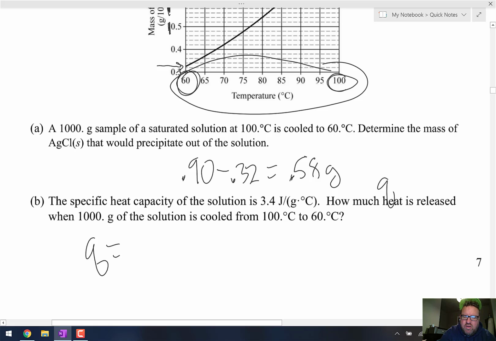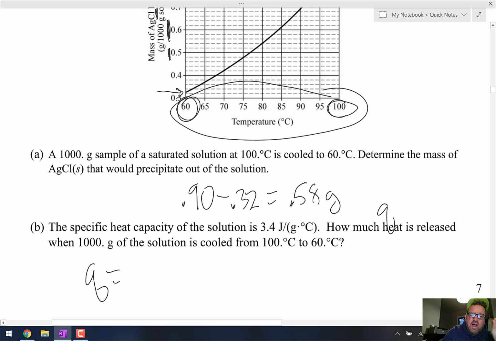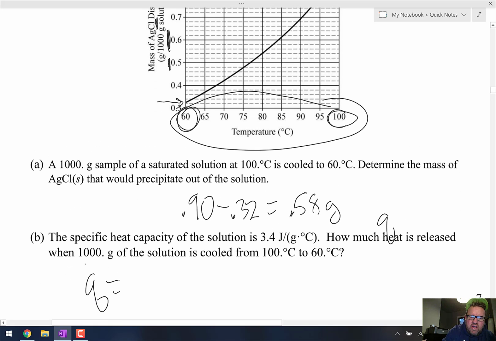Now, here's where you've got to be careful, okay? Because it says 1,000 grams of the solution. The specific heat capacity of the solution is cooled from 100 to 60. You've got to make sure that everything coincides with each other when that happens. Okay, so the question is, which mass do we use?